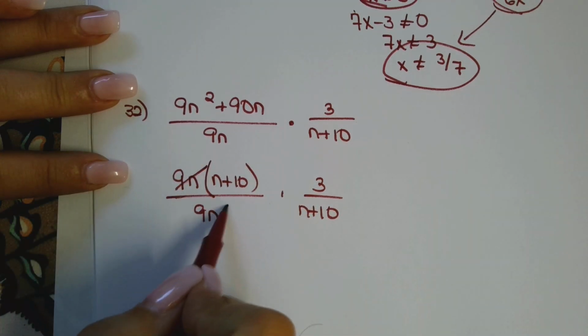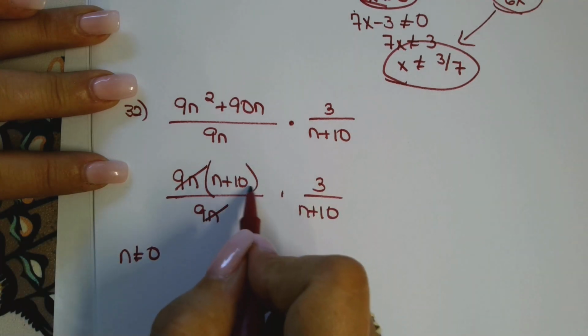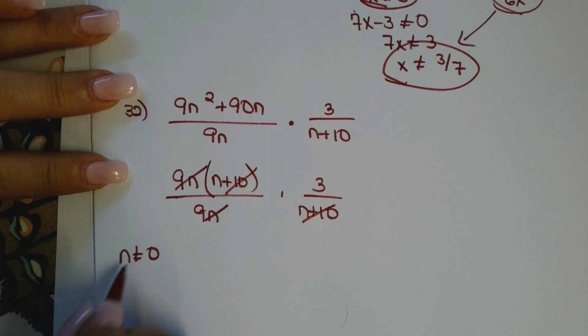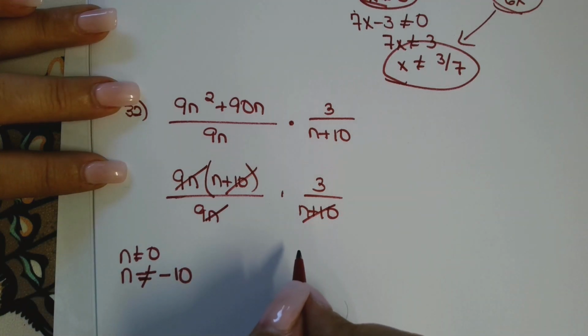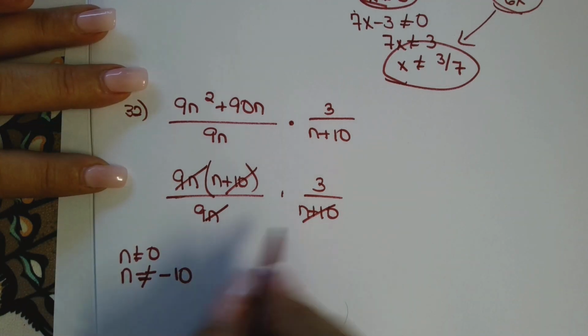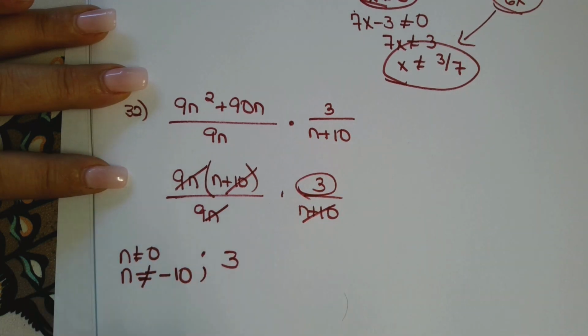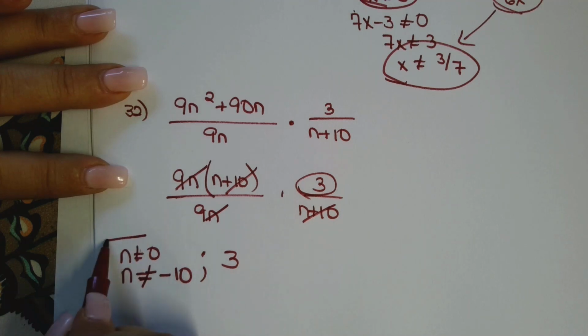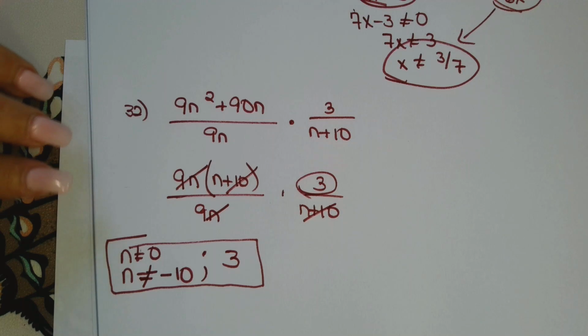So we cancel here. That means n cannot be 0. And we cancel here. That means n cannot be negative 10. Right? It's whatever makes that 0. And for number 32, you are just left with 3. Okay, so here's your entire answer. Again, on the test, you'll only be looking for the 3.